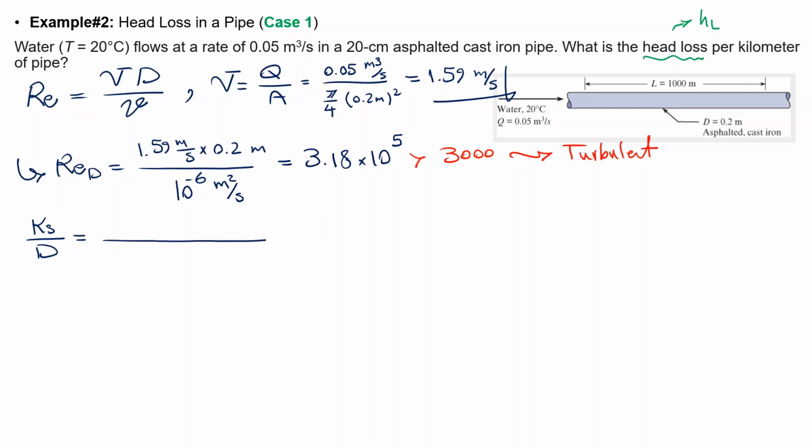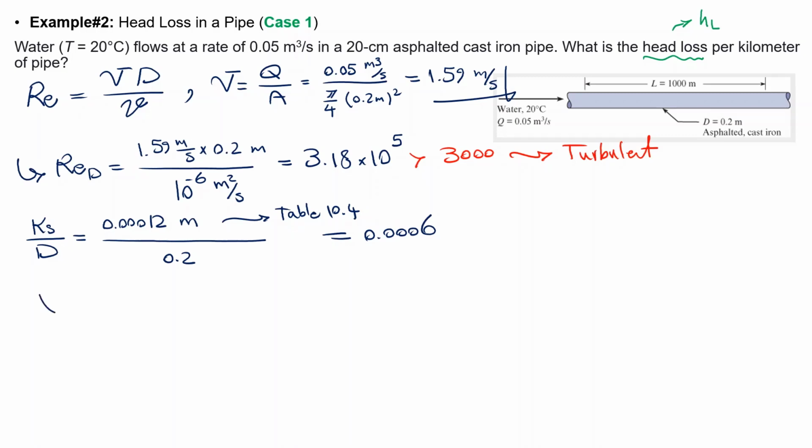Ks for asphalted cast iron would be equal to 0.00012 meters, and it comes from table 10.4, and then diameter is obviously 0.2 meters, so this value, or relative roughness, would be equal to 0.0006. Now I have the Reynolds number, I have relative roughness.